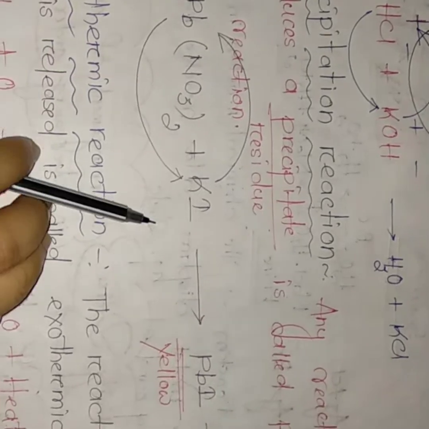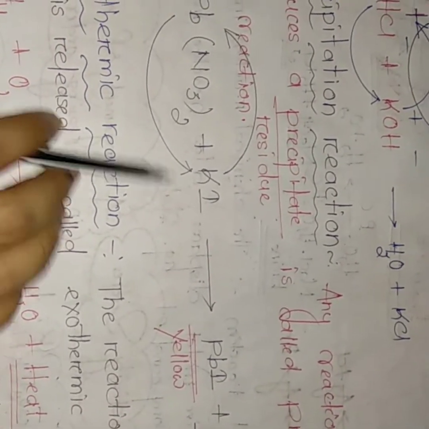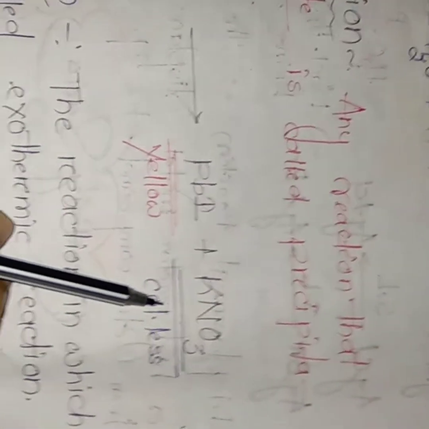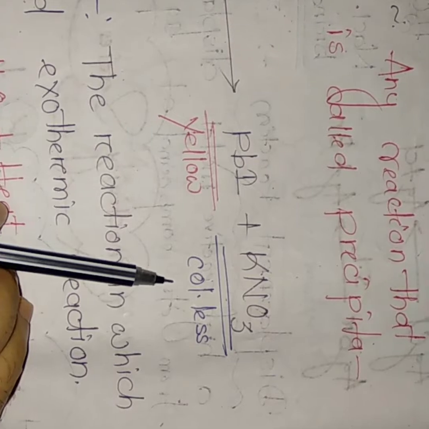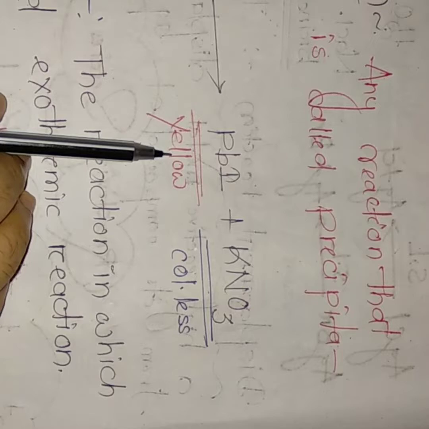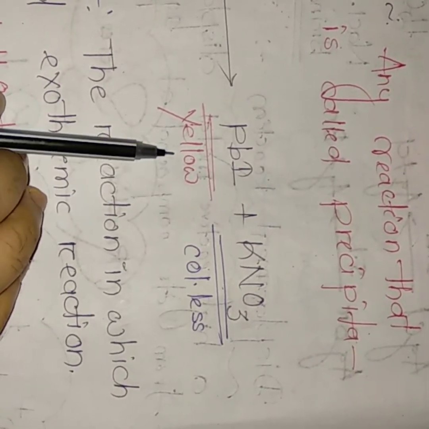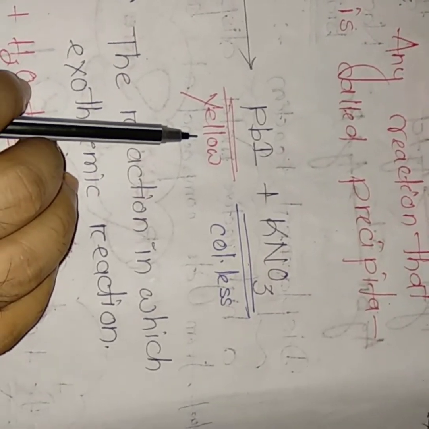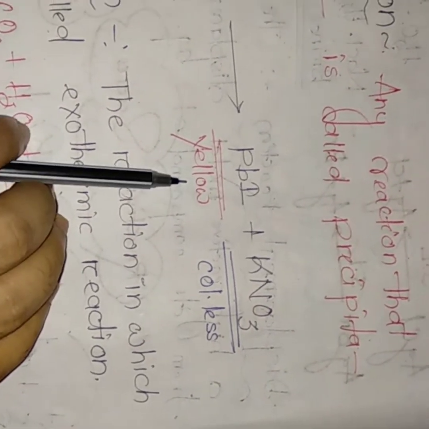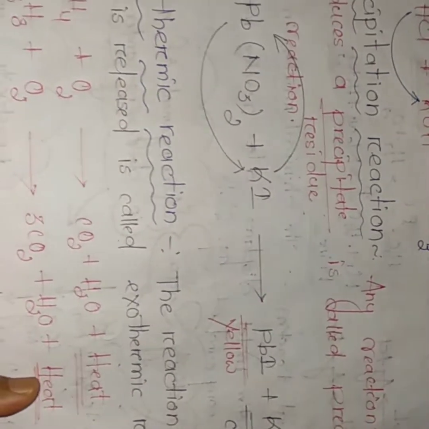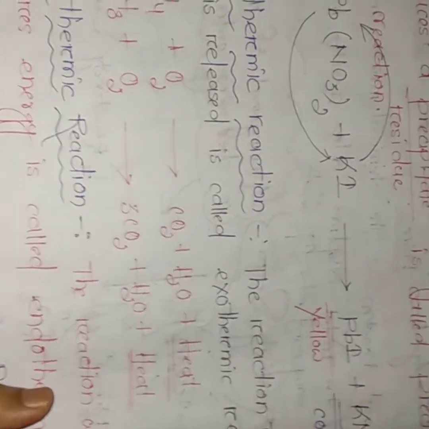When lead nitrate reacts with potassium iodide, then in the beaker you will get lead iodide with potassium nitrate. Potassium nitrate is colorless, but lead iodide is insoluble in that solution, so you will get a yellow precipitate at the bottom of the beaker or test tube. This is called the precipitate or residue, and this reaction is known as precipitation reaction. Clear?